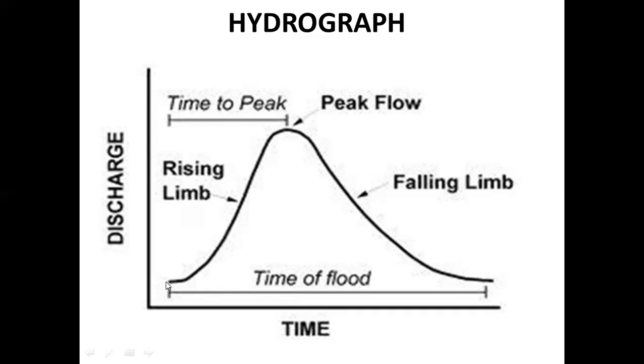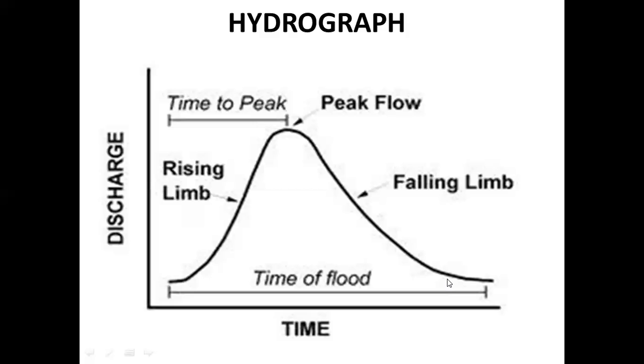The rising limb is the start of the curve, where it goes on rising. This is the maximum peak point, and then this is called the falling limb. The falling limb is the reduction in the rainfall, and thereby the reduction in the discharge. The complete procedure taking place is called the time of the flood.